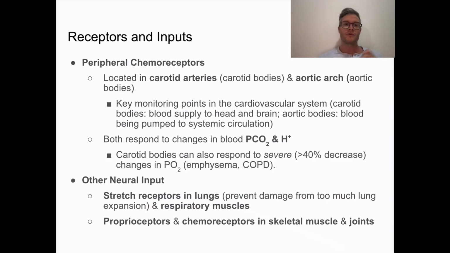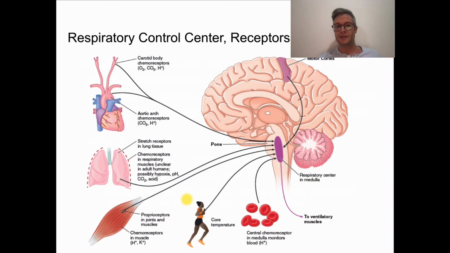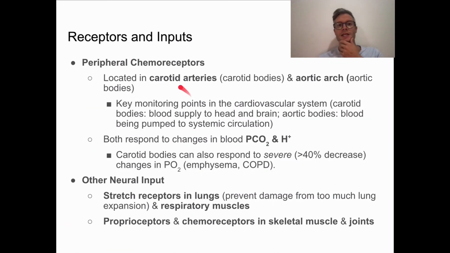What about peripheral? I mentioned that there were peripheral chemoreceptors as well. We pointed it out on this chart here, right? So here are some peripheral chemoreceptors right there. What that looks like is we have two main bodies in which these chemoreceptors are found. One is our carotid bodies, or carotid arteries, which are in our neck, and the other one is the aortic arch.